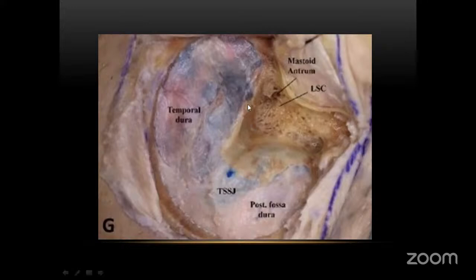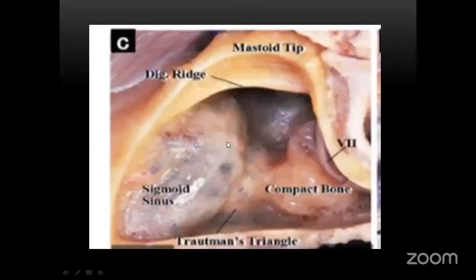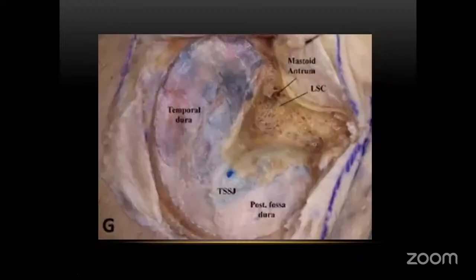This is the thin bone over the area here. Later on we have to cut this one, because this is the area where the sigmoid sinus is. You have to be careful about that. When you cut down this one, you have to memorize one thing.